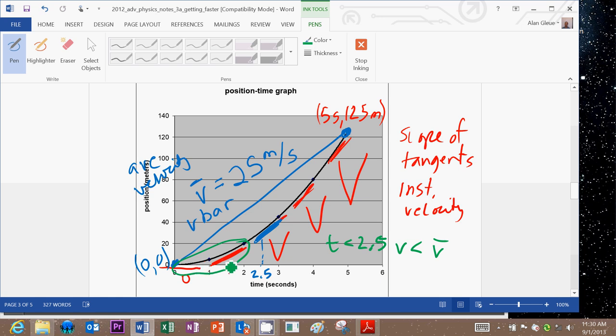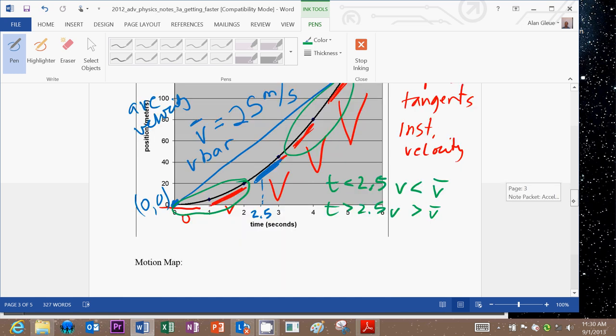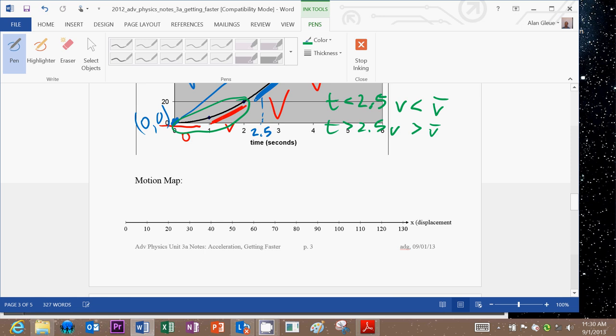It's getting faster and faster. Then it hits 25. For times greater than 2.5, the car's speed is greater than the average. Does that kind of make sense? I hope so. Well, let's scroll down. We just got a little bit more to do on page 3 here.